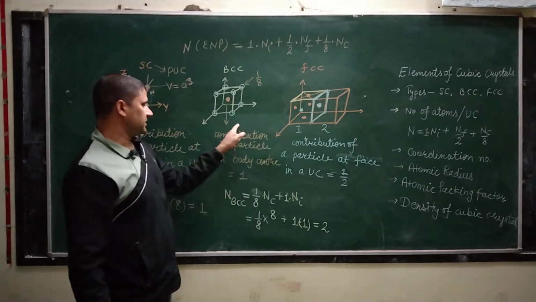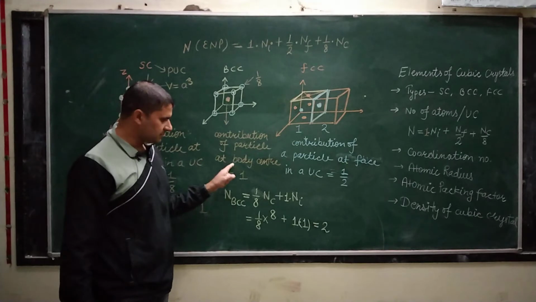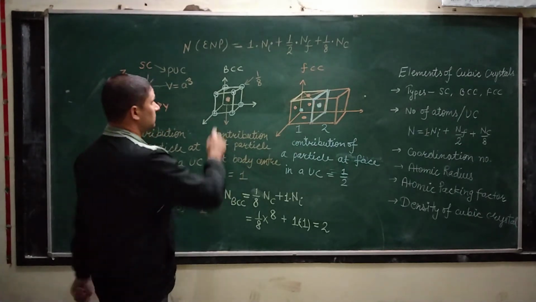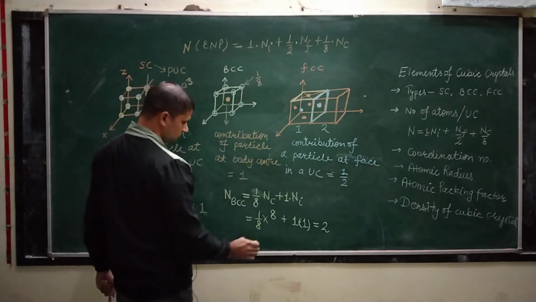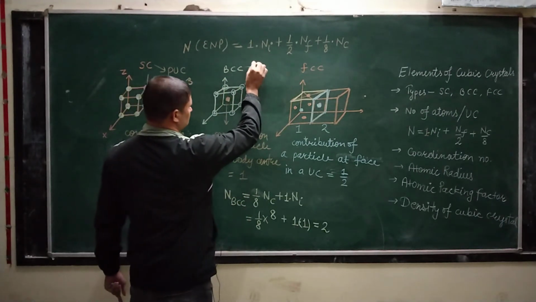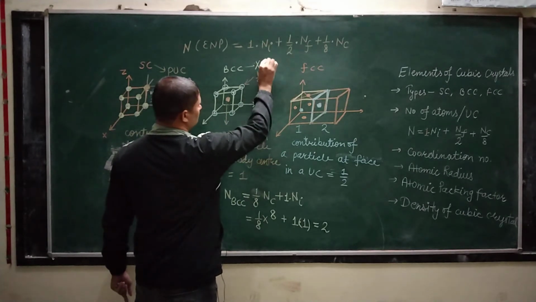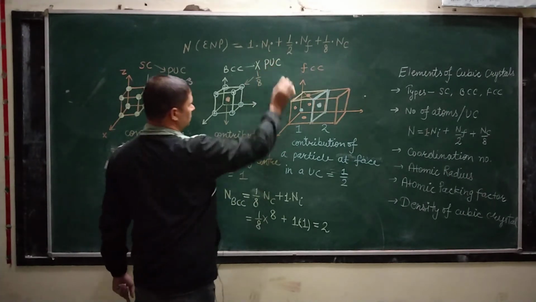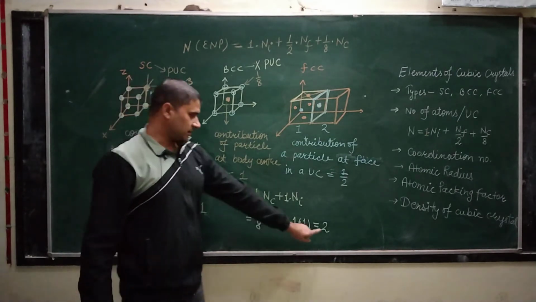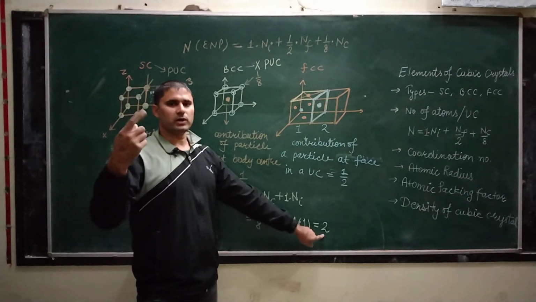Now see, BCC is not a primitive unit cell, okay class, because the number of particles is more than 1.